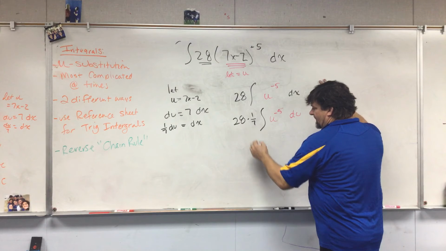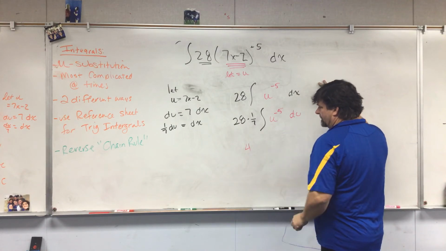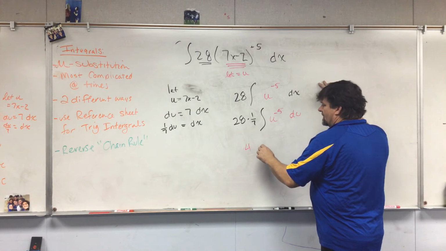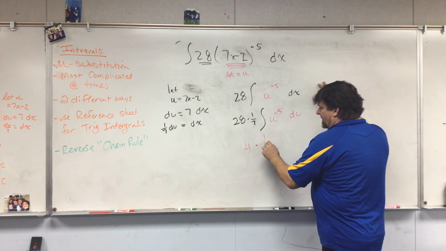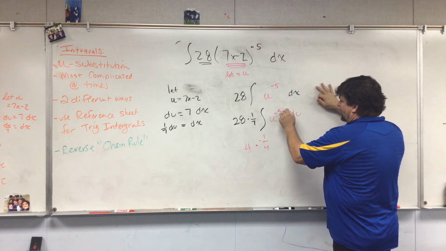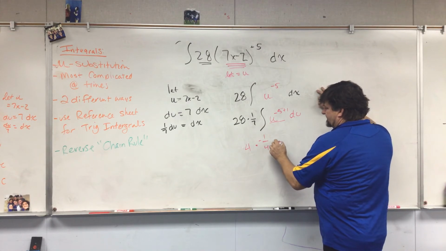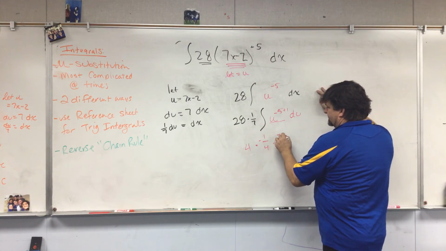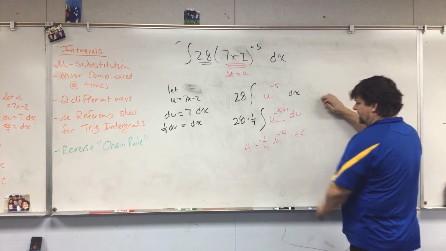So if I clean this up, I get 4 times 1/4, which will be a negative because I'm going to add 1 and divide. Then times u to the -4th, and the du is gone, plus c.